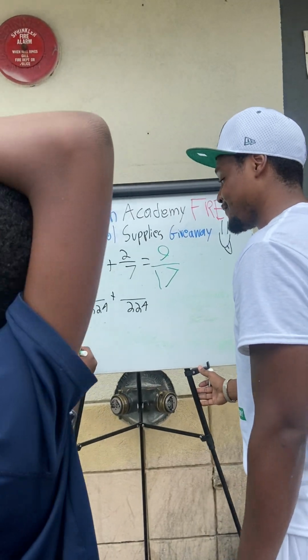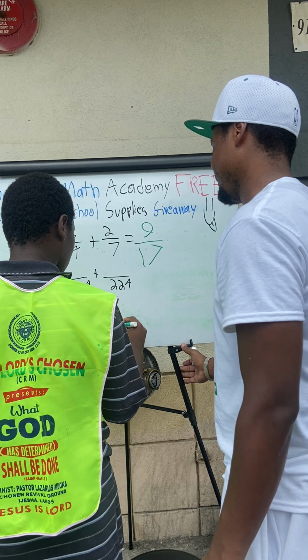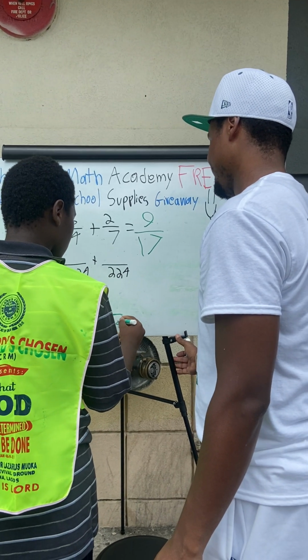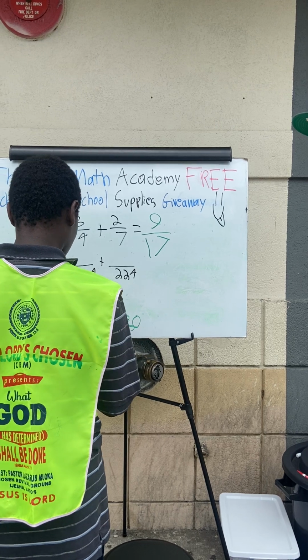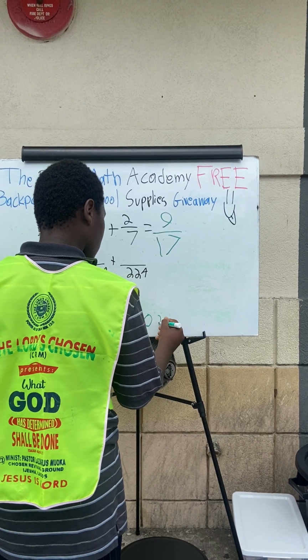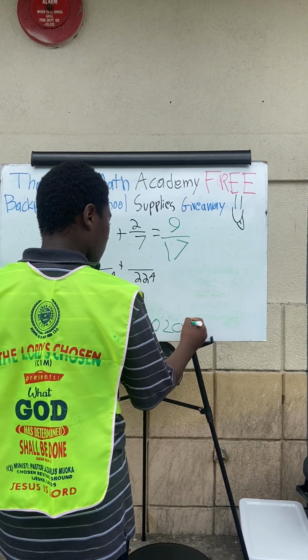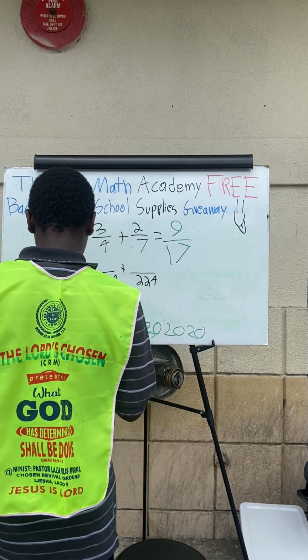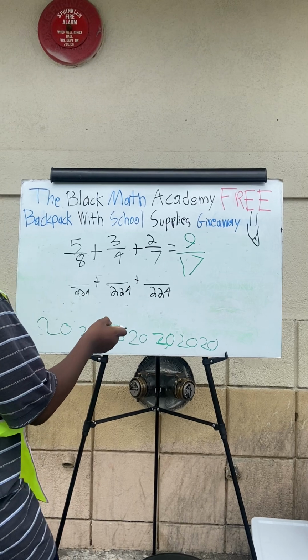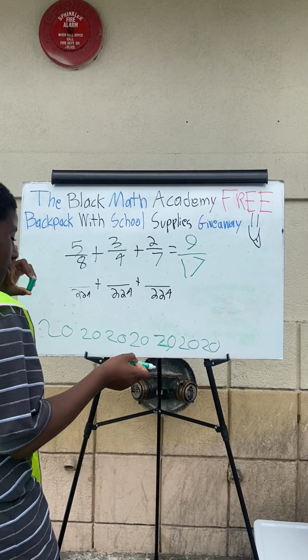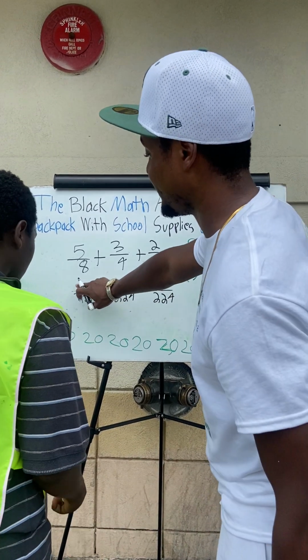You can see it, but you have to do it. There you go. So the number up top now is 140.